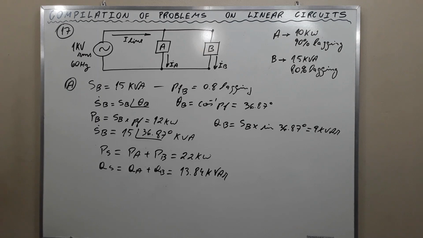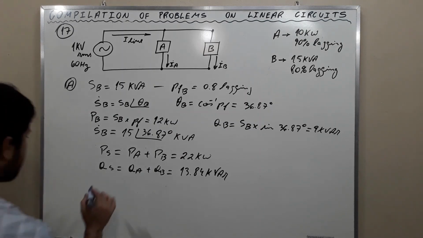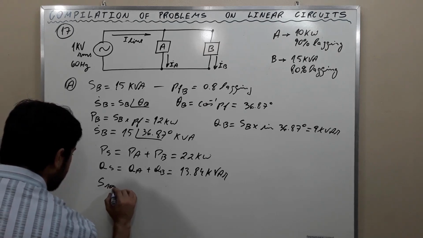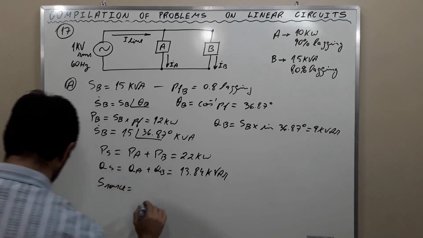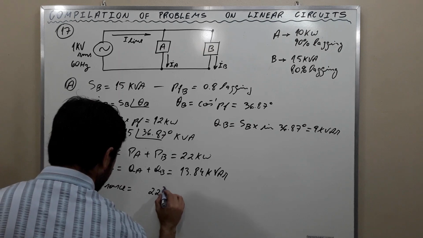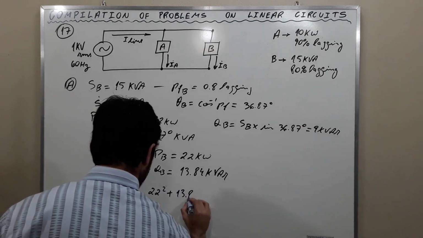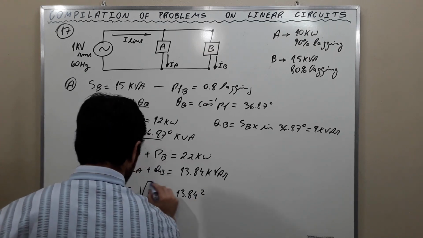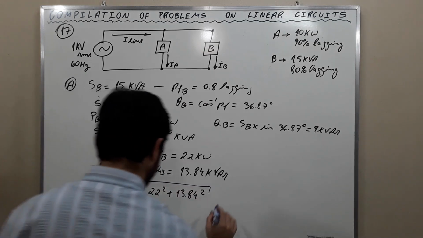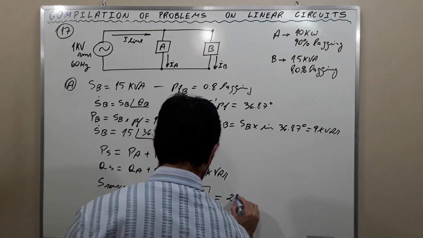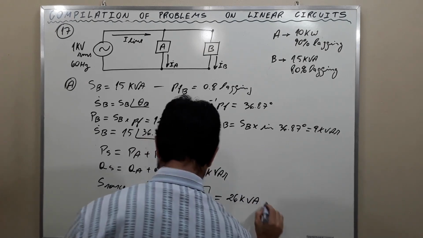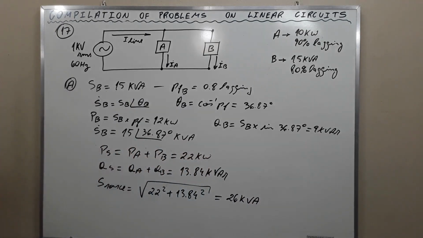To find the total apparent power supplied by the source, we use this expression, which gives 26 kVA.